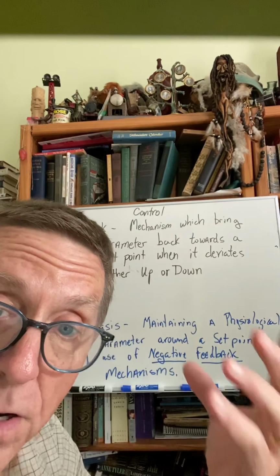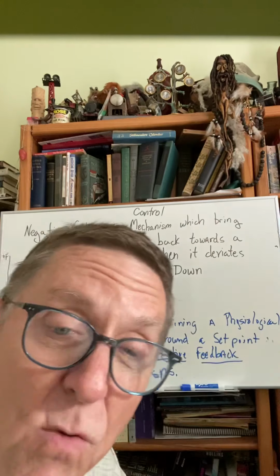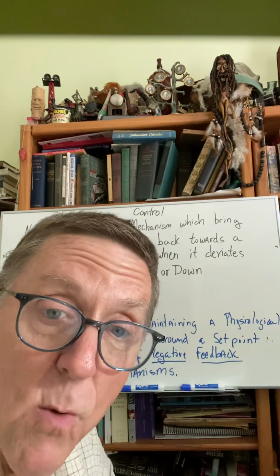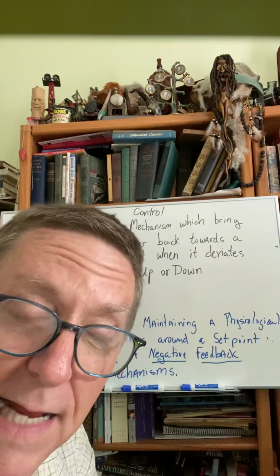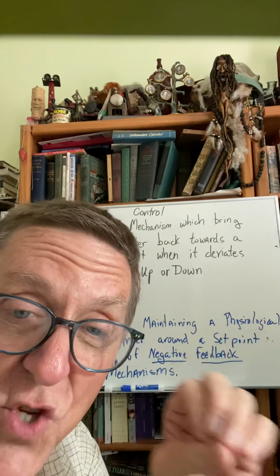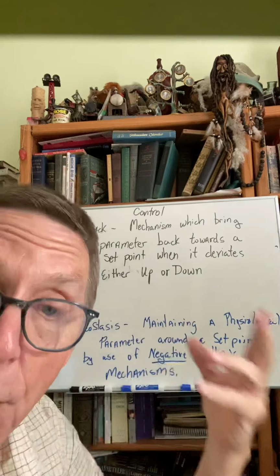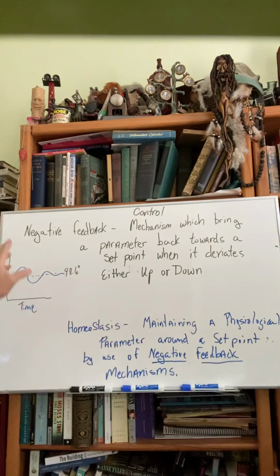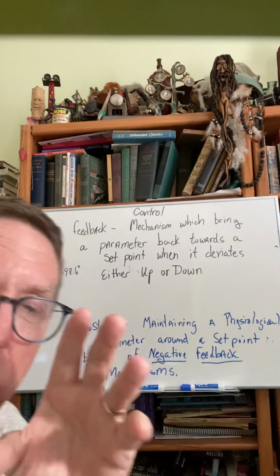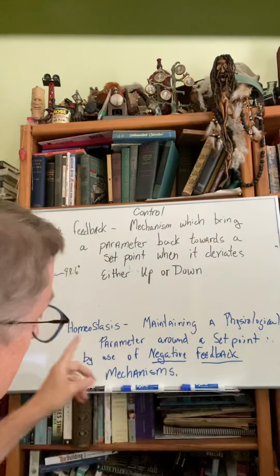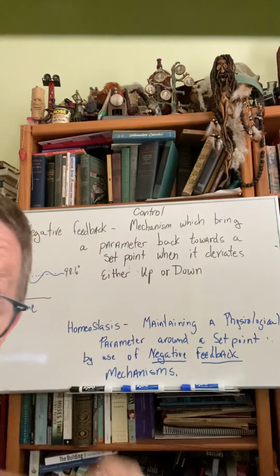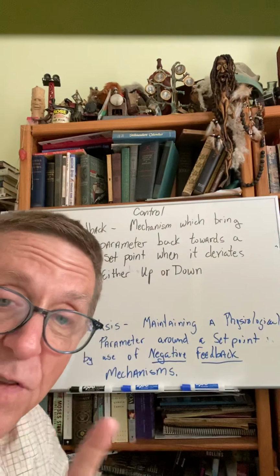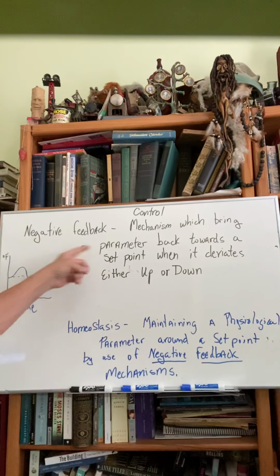Shivering is another control mechanism. What is shivering? Shivering is where your muscles start contracting. And the reason they contract is because it generates heat. It helps to warm your body. So you use negative control mechanisms to regulate body temperature. This is an example of negative feedback.